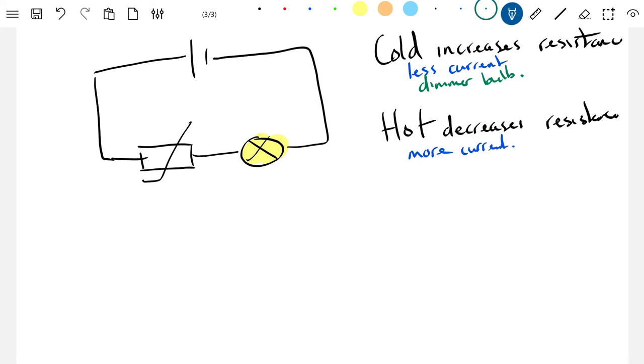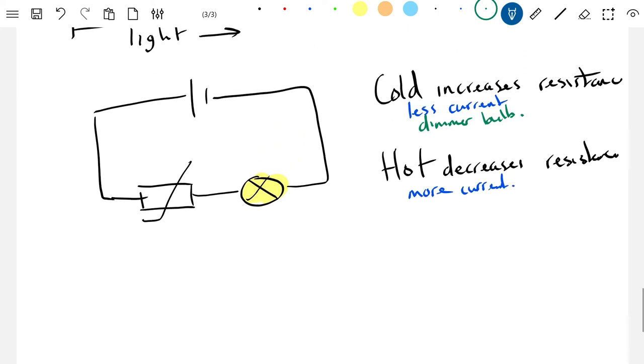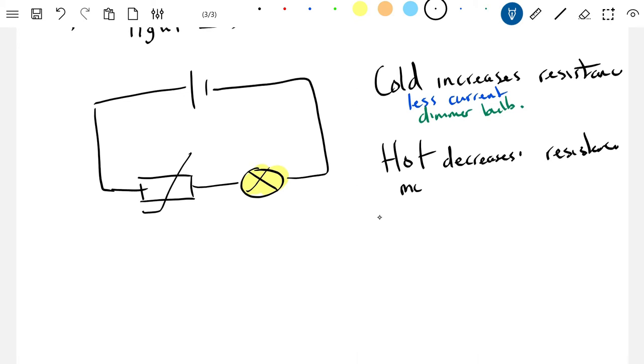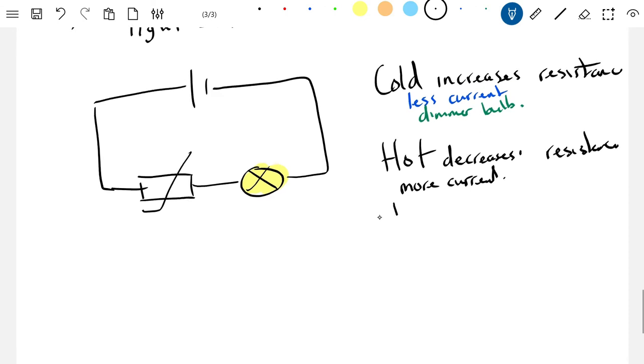If heat decreases resistance, then that means we get more current, which means a brighter bulb.